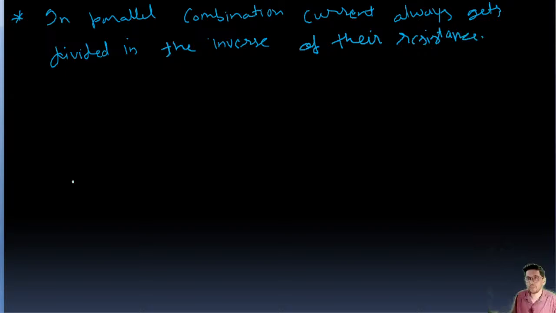Okay, so in parallel combination, current always gets divided in the inverse of their resistance.